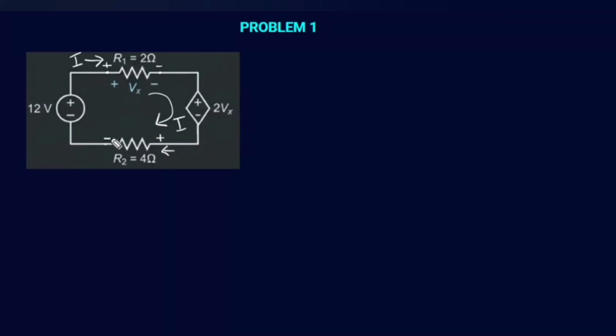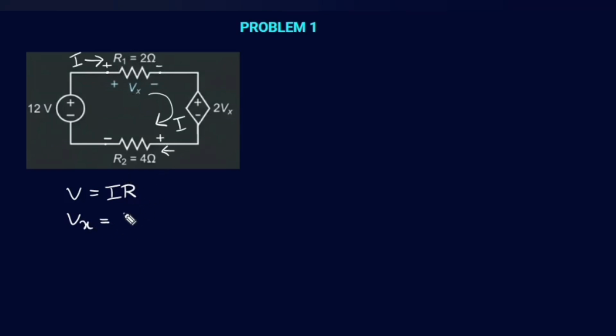Next thing that we need to know is, based on Ohm's law, V equals I into R. Correct? So, what is Vx? Vx is the voltage appearing across the resistor R1.